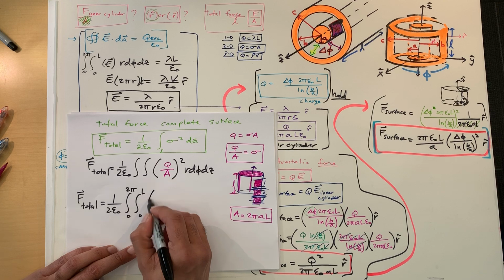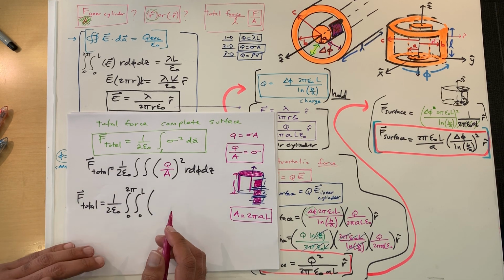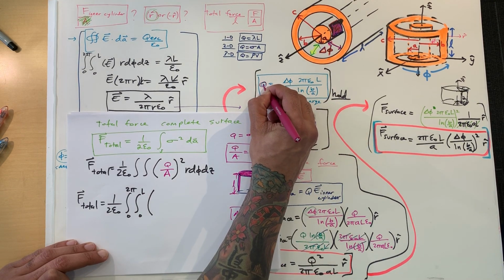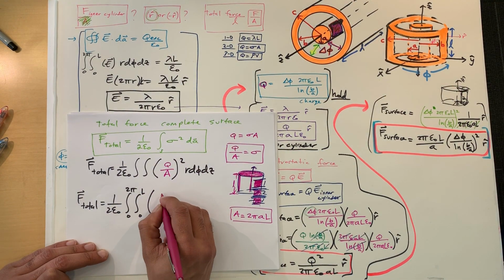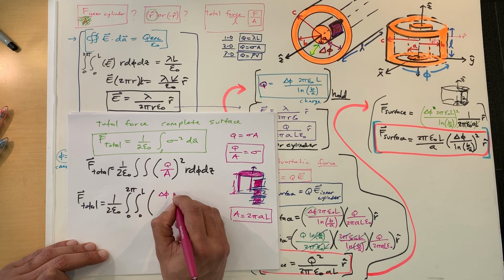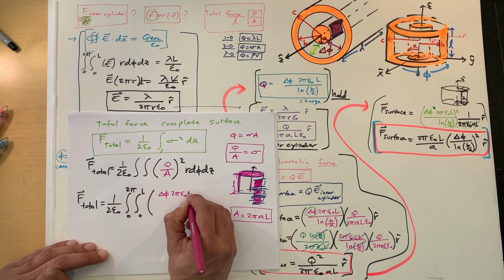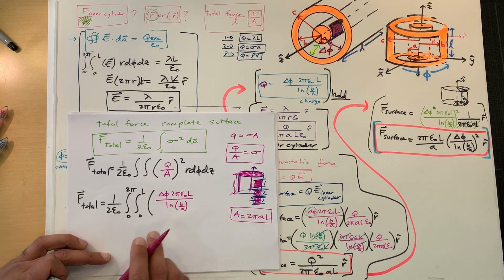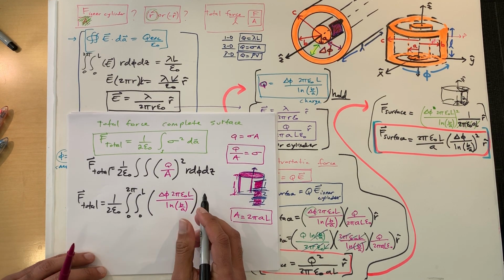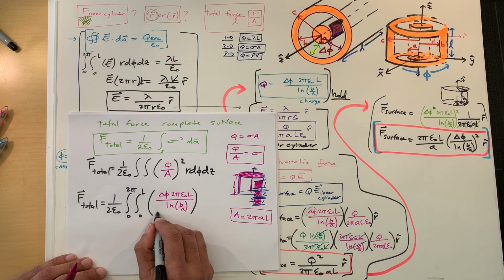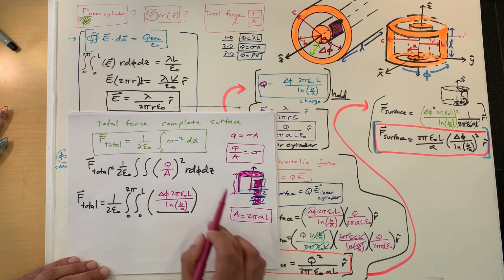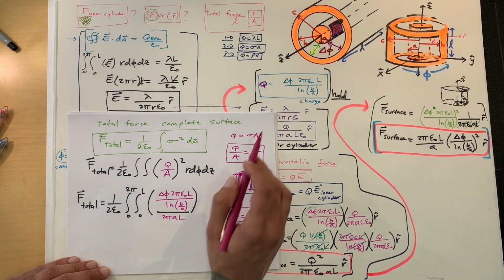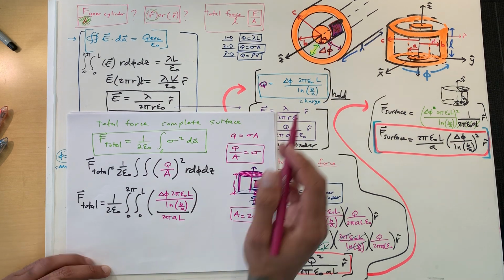Now we have Q, which is this right here. We have potential times 2 pi epsilon naught L over ln of B over A. And all that is over area, which is 2 pi A L. A because we're only interested in the inner cylinder.